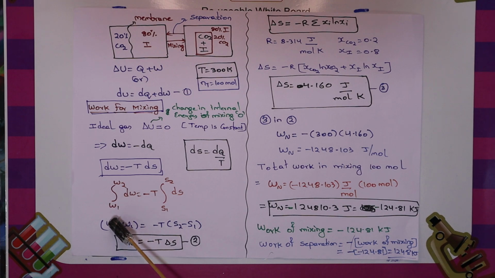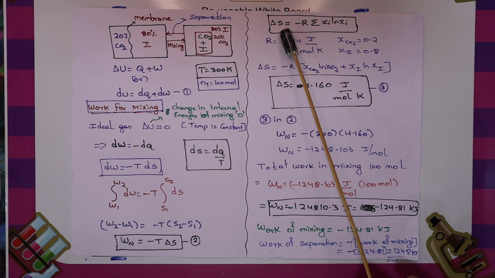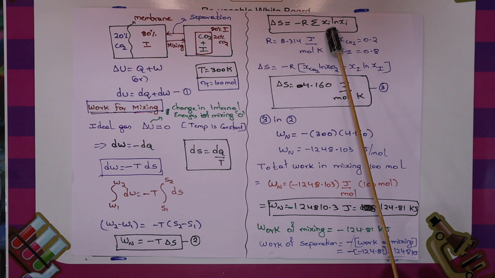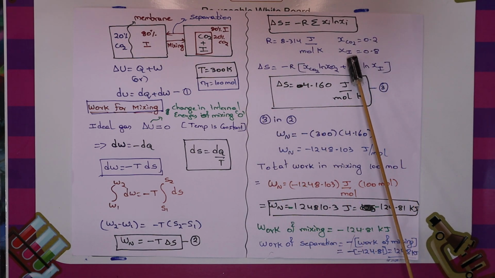This is the net work which we are supposed to calculate. Net work is minus T into S2 minus S1, which is delta S. Delta S, the change of entropy, is nothing but the entropy of mixing, minus R into sigma xi ln xi. R is given. X of CO2 is 20% and inerts is 80%. If you plug in this equation, the entropy is 4.160 joule per mole Kelvin.